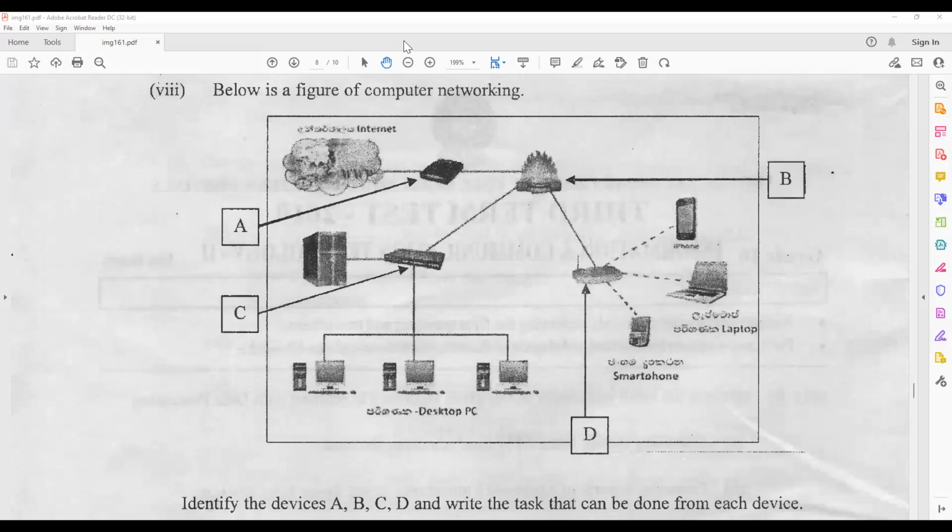When you finish finding the answers for this question, please raise your hands. If you found answers, please raise your hands.